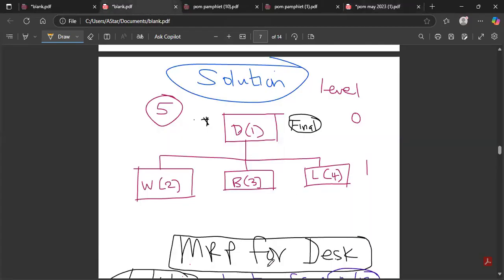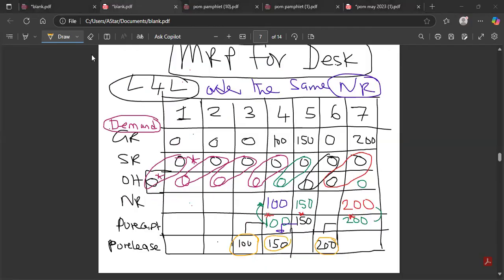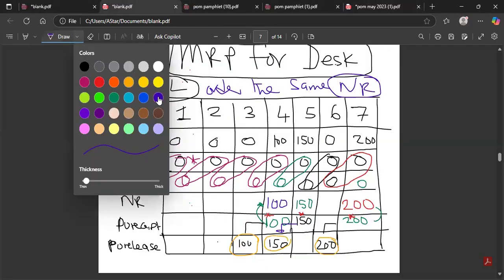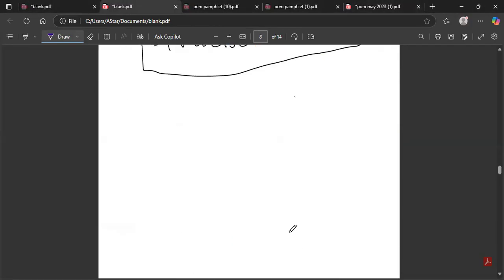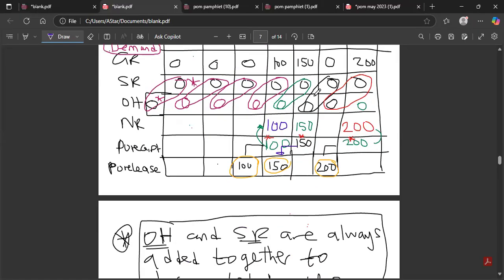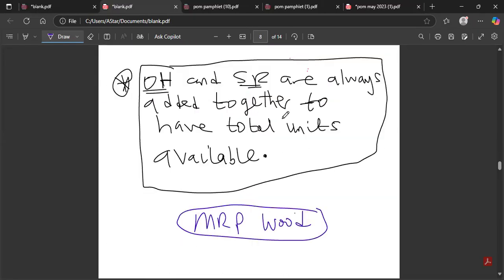Then we go for MRP for the wood. So MRP for the wood, how would it be? It will give us wood. Let's do it the same.